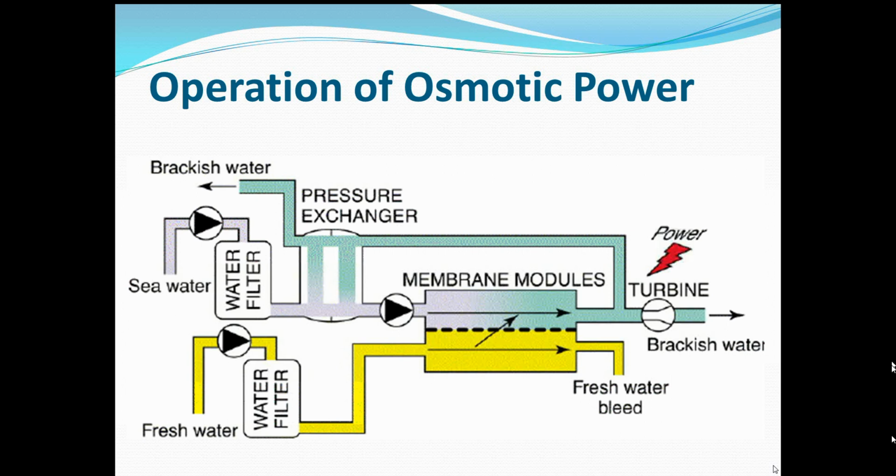Now, what is the use of this water filter? Both fresh and seawater can have impurities and debris, and can clog the semi-permeable membrane modules. This would damage the membranes, because 80% of the cost of this osmotic power plant is used for membrane development.